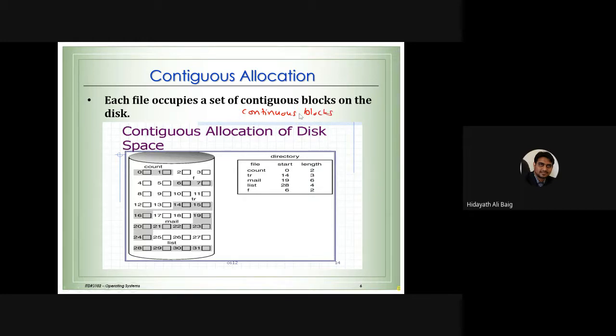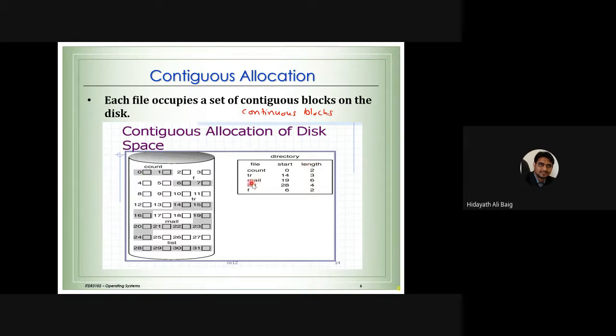In the example, this is the directory structure. It stores the information about the file: the starting block of the file, and the size or length of the file, that is, how many blocks. Let's take one example.